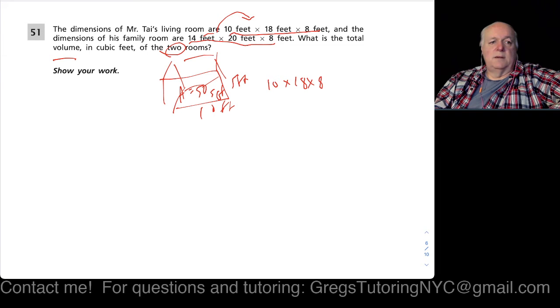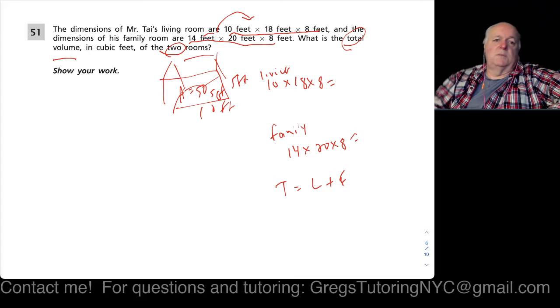That's the living room, and we have to compute that. And then we have to do the same thing for the family room, which is 14 by 20 by 8. Compute that. And then it says what is the total. So the total is equal to the living room plus the family room.